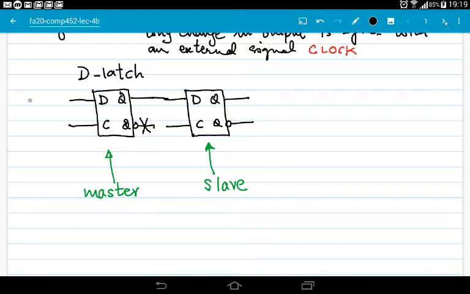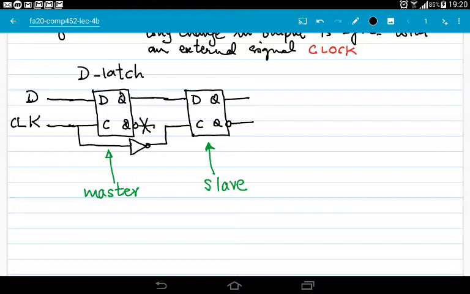The external signal that we feed to this latch is D, and then here we connect our CLK, which is clock signal, and this clock signal, after passing through an inverter, a NOT gate, connects to the control input of the second or slave latch.